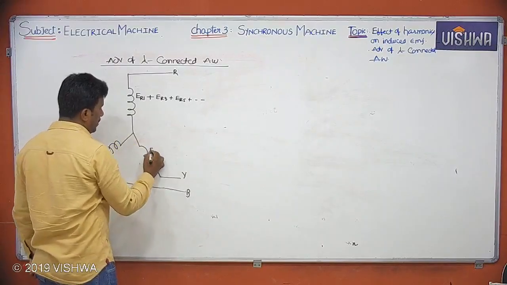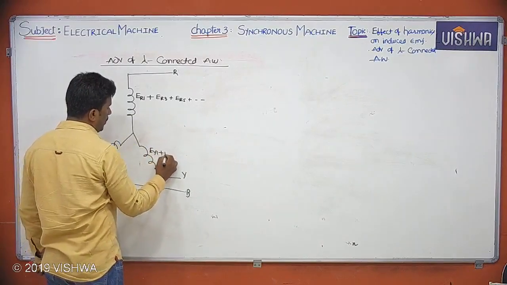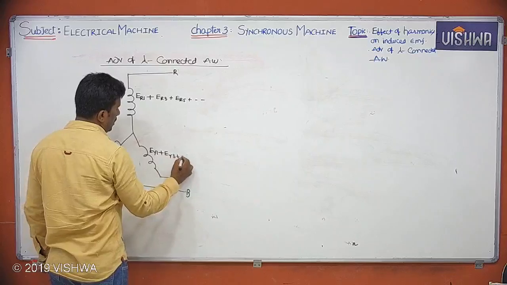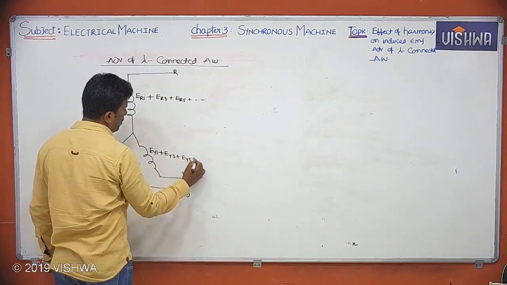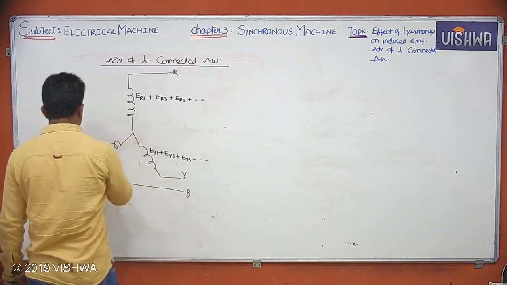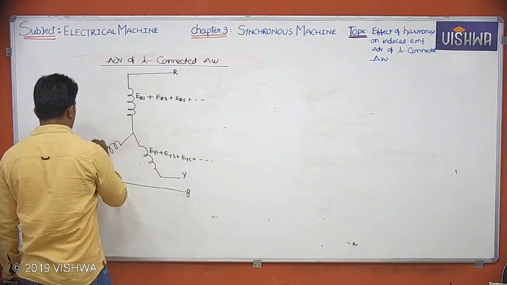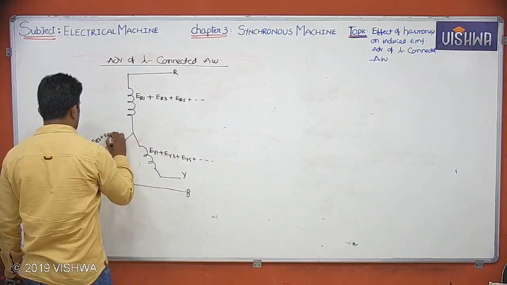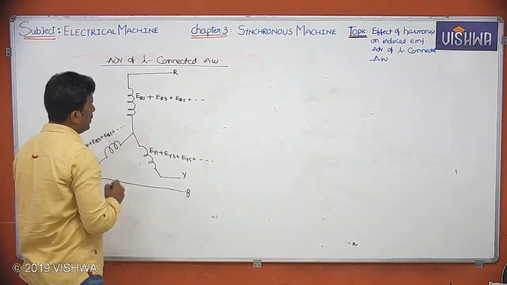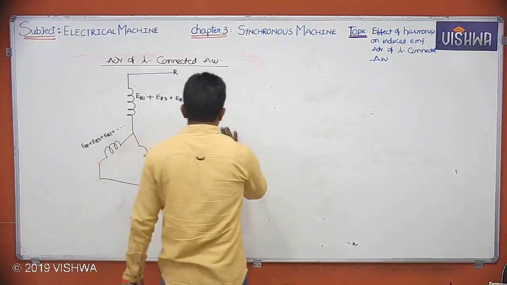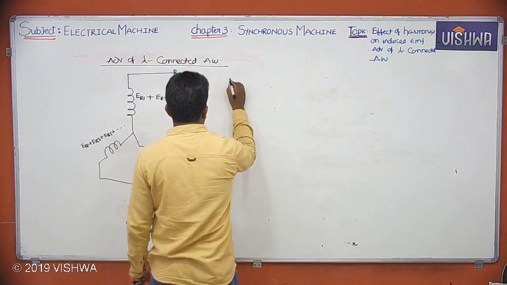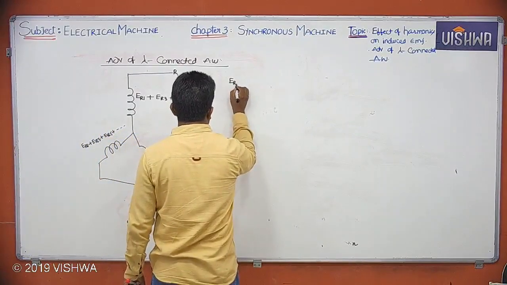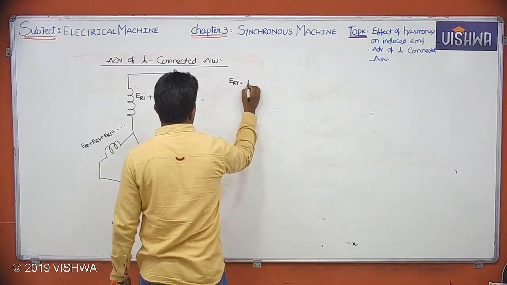In Y phase we'll be having EY1 plus EY3 plus EY5 plus and so on. In B phase, EB1 plus EB3 plus EB5 plus and so on. Okay. Now tell me, if I want ERY, what does it mean?